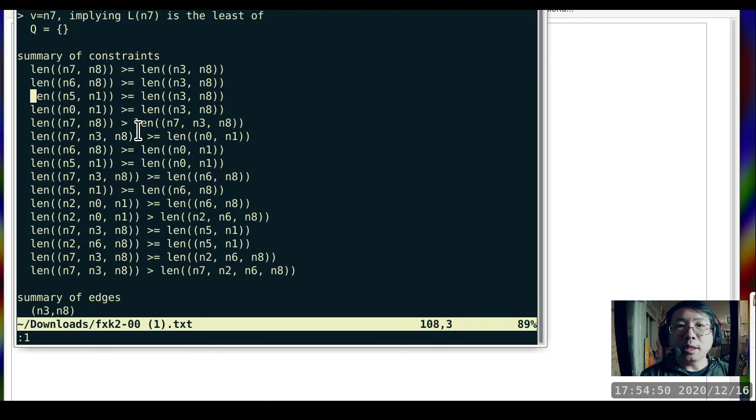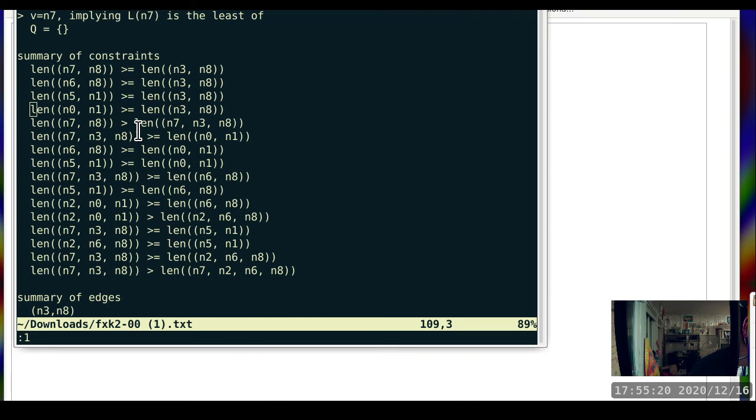We can see how the length of N3 and 8 is the smallest, because the length of N3 and 8 does not appear on the left-hand side. So we know it is the absolute smallest, which means we can give it any particular value, and it should be okay.